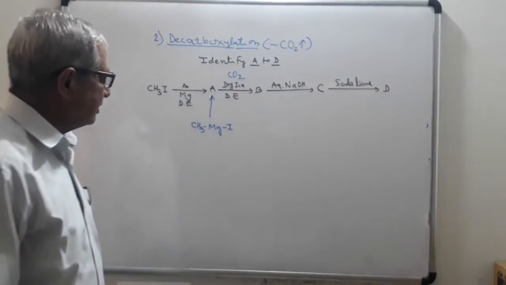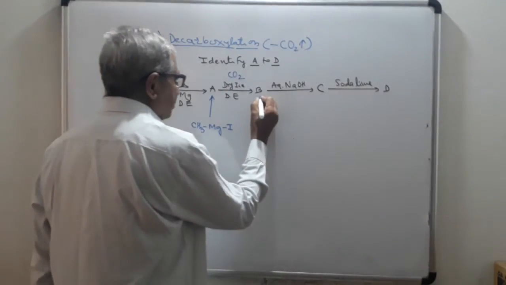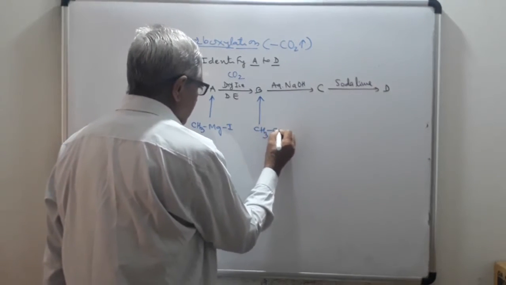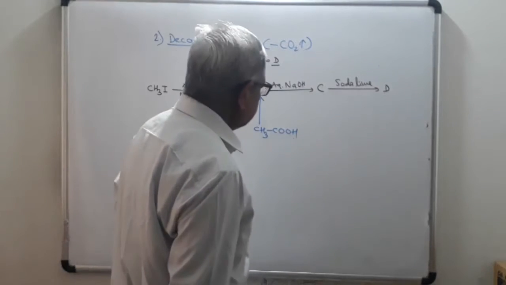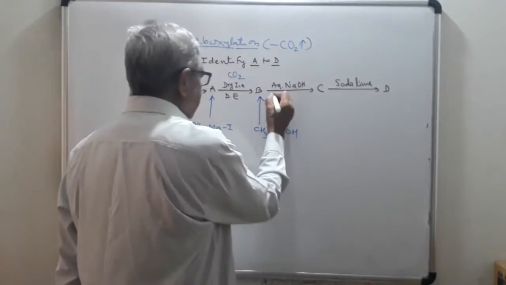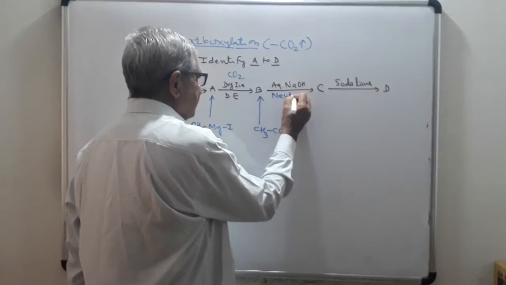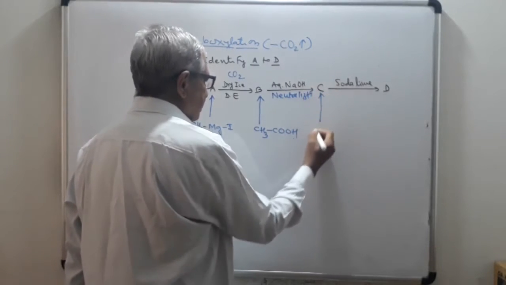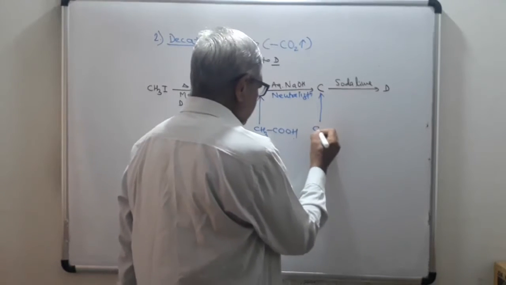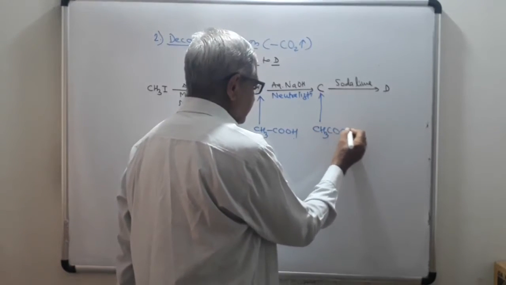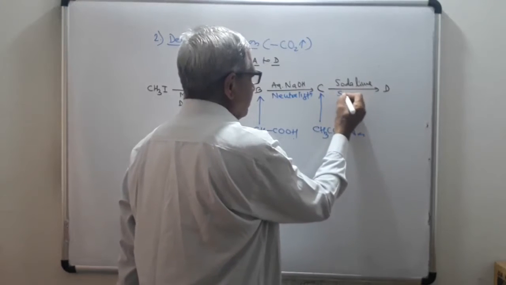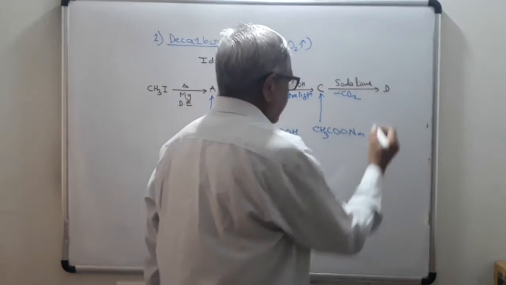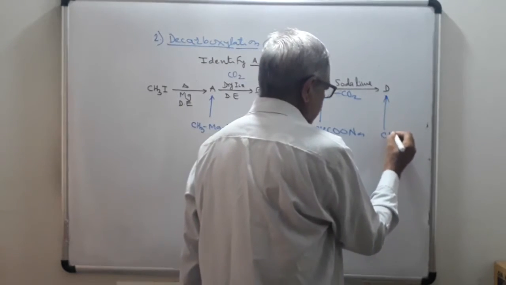When dry ice is treated with the Grignard reagent, you will get a carboxylic acid, CH3COOH, acetic acid. When acetic acid is treated with alkali, it undergoes a neutralization reaction. Therefore, C is the sodium salt of acetic acid, CH3COONa. This will undergo the decarboxylation reaction. CO2 gas will be evolved, and you will get methane, CH4.